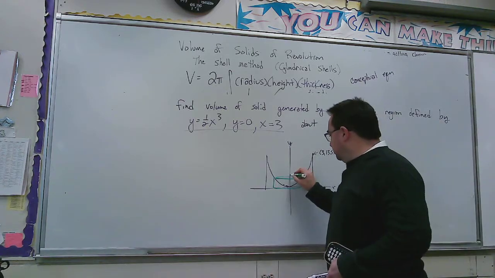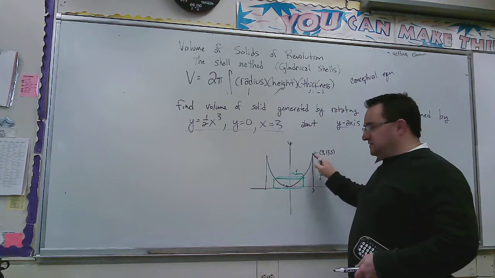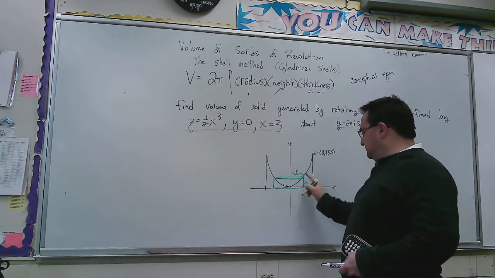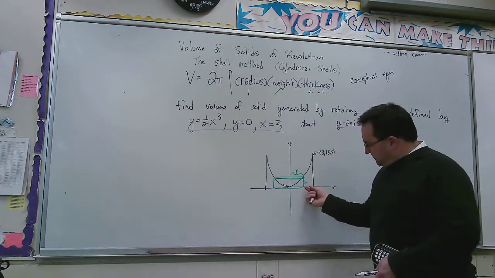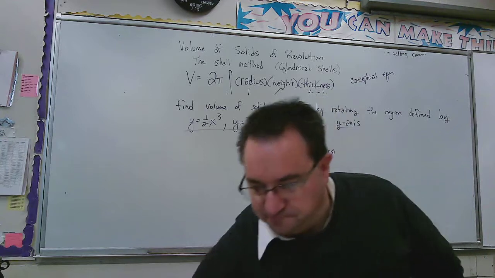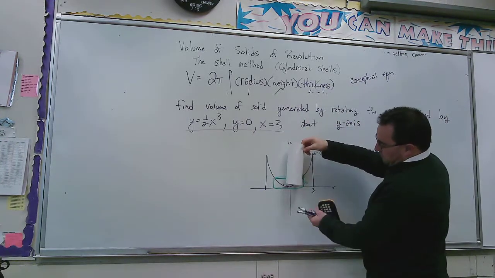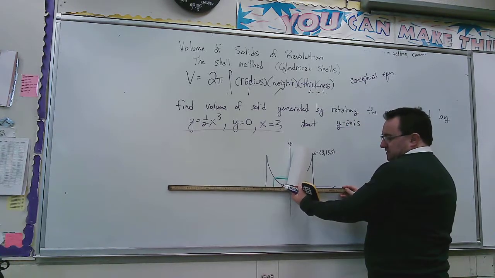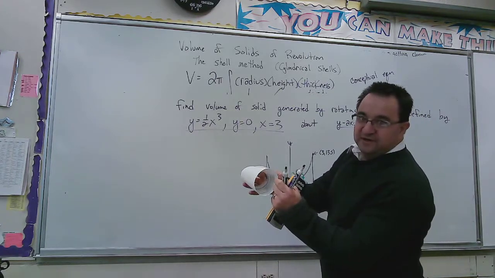And that shell has a certain radius. Notice the radius stops when it hits this function. It's got a certain height. Notice that stops when it hits that function. And it's got a certain thickness. Now, the thickness of this, if I was going to measure how thick this piece of paper was, I would have to put my ruler like this along the x-axis to measure how thick that was.